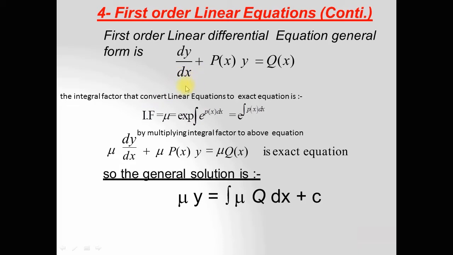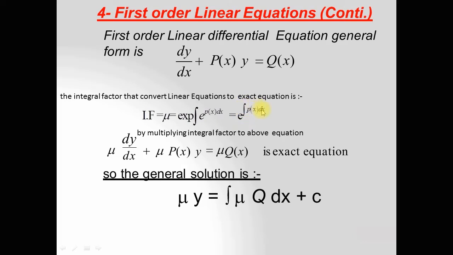For the integrating factor, suppose mu is the integrating factor, then it will be exponential e power integral of p of x dx. Integrate the p function with respect to x and write e power integration of the p function.